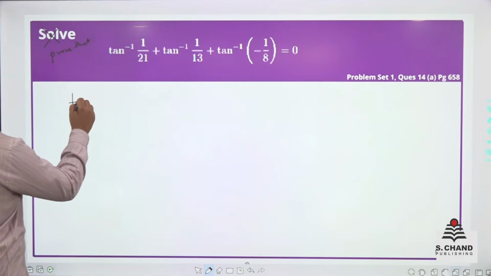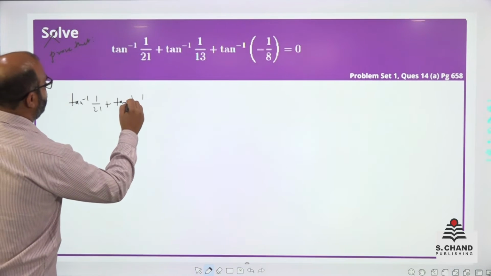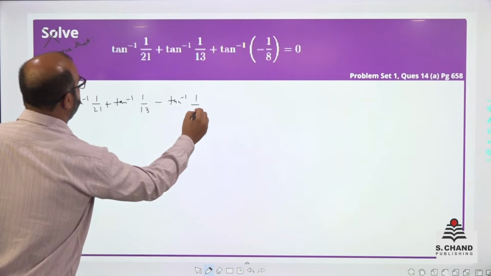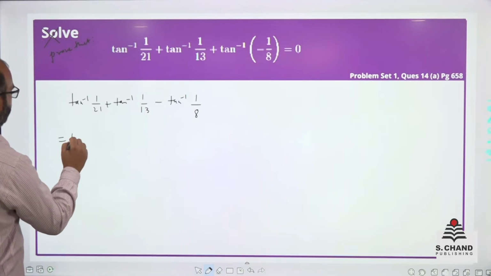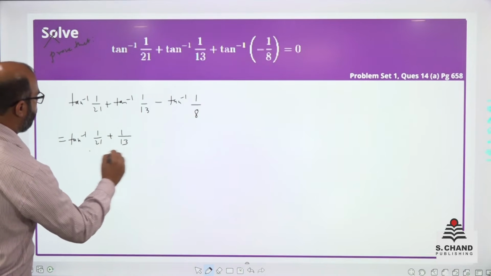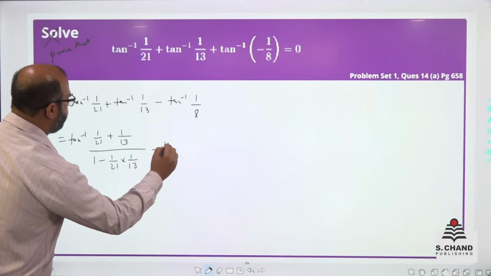So tan inverse 1 by 21 plus tan inverse 1 by 13 minus tan inverse 1 by 8, this will become tan inverse of 1 by 21 plus 1 by 13 by 1 minus 1 by 21 into 1 by 13, minus tan inverse 1 by 8.